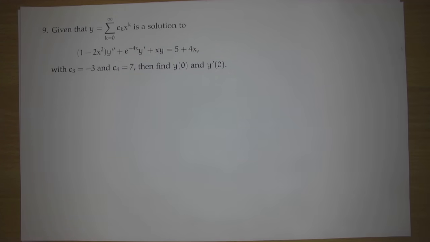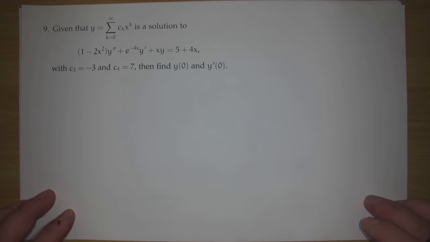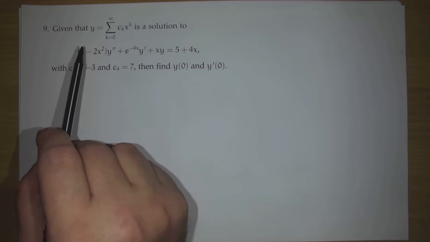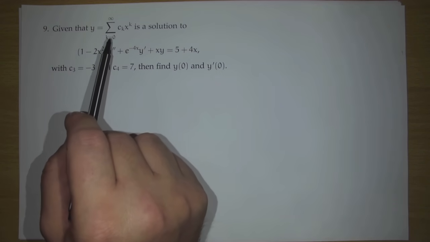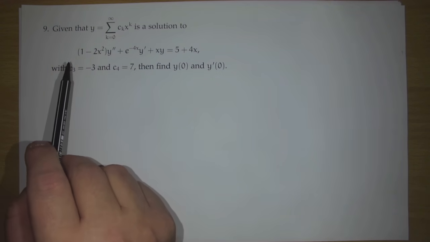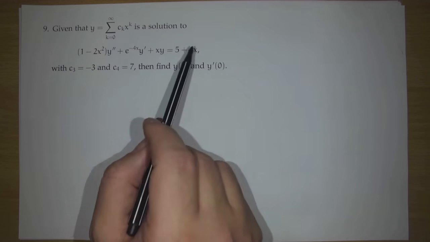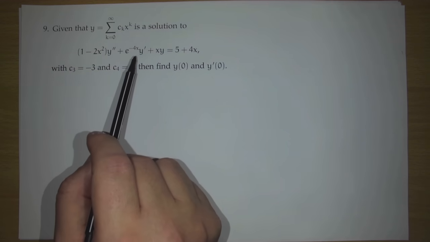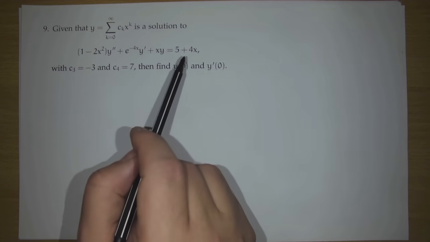All right. So 9 has a similar feel, except classic Steve, we're going to go backwards. So we're given that y, which is the sum, 0 to infinity ckx to k, is a solution to this expression, 1 minus 2x squared y double prime, e to the minus 4xy prime plus xy equals 5 plus 4x.